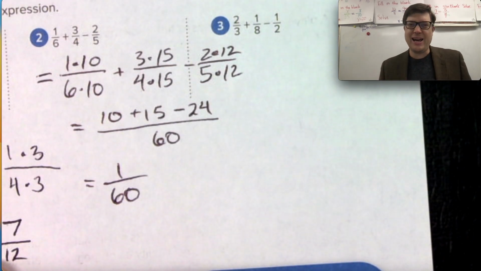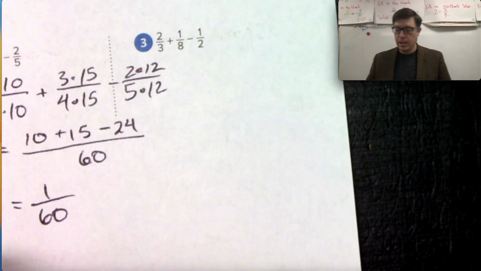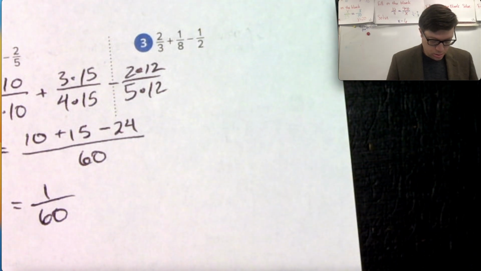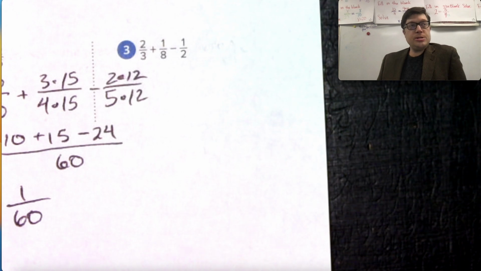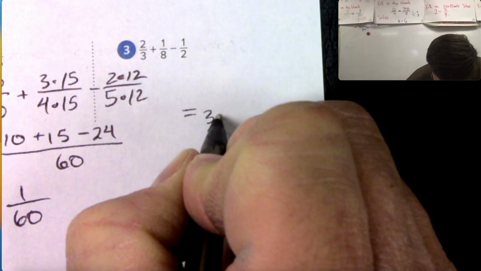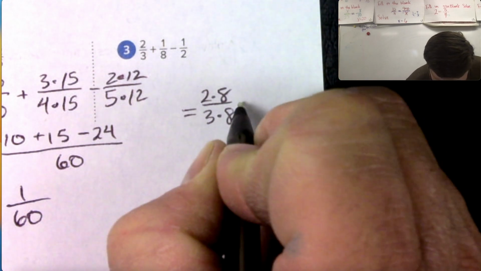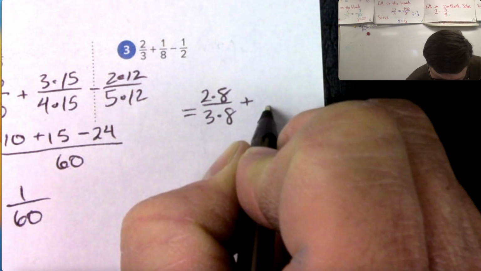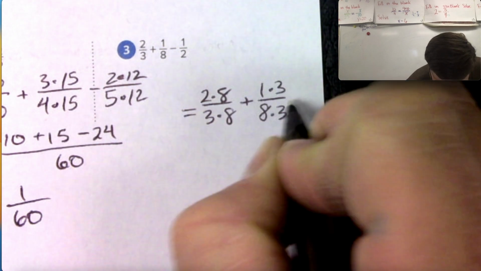Sometimes it's good to have scratch paper just to do these. Okay, 3 and 8 and 2. These are the denominators. So 3 and 8: 3, 6, 9, 12, 18, 24. 24, right? Because 8, 16, 24. I need to turn a 3 into a 24, which means the numerator must be scaled up by the same amount. I need to turn an 8 into a 24, so we'll scale up the numerator.